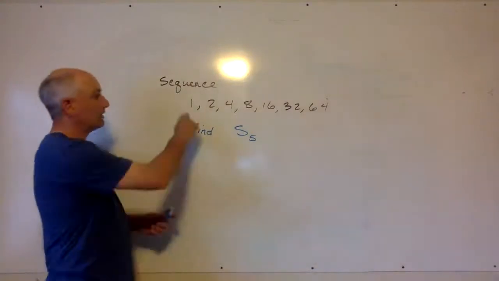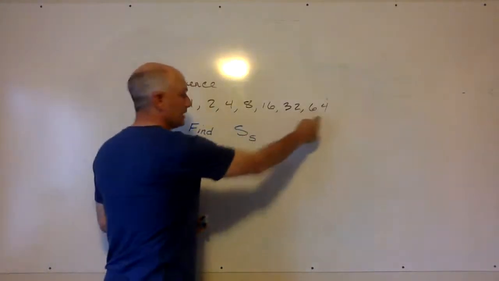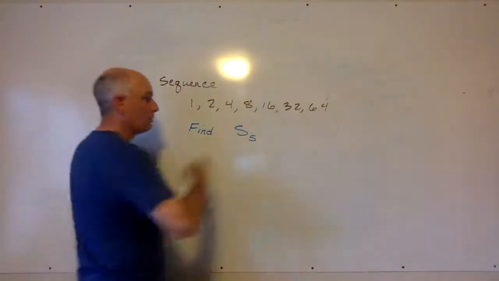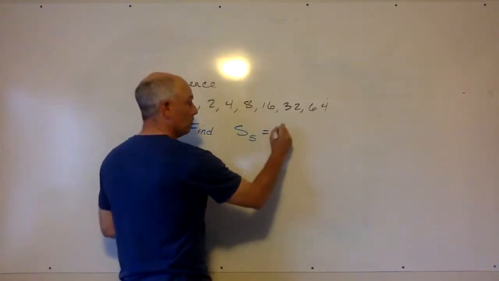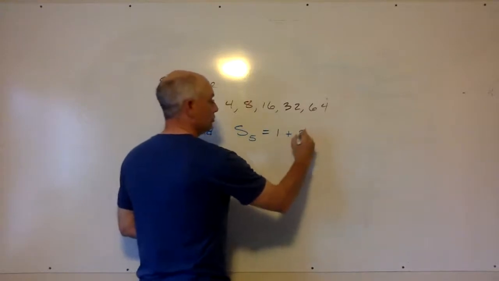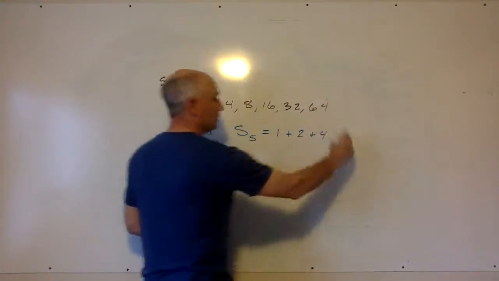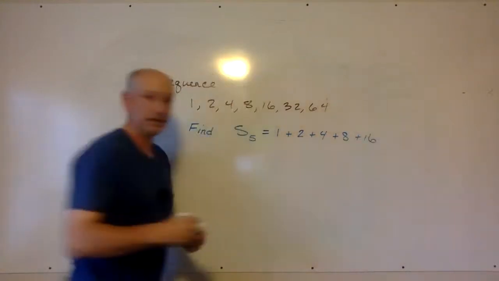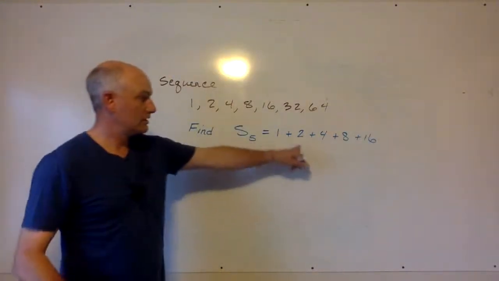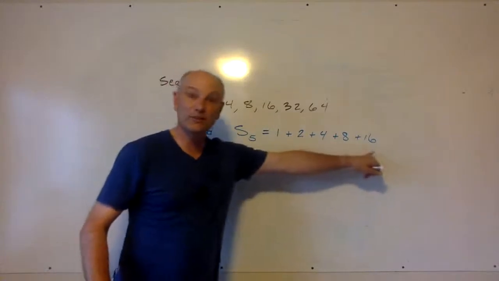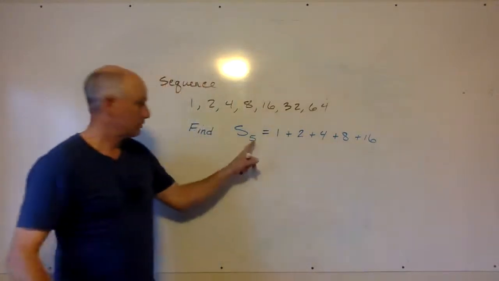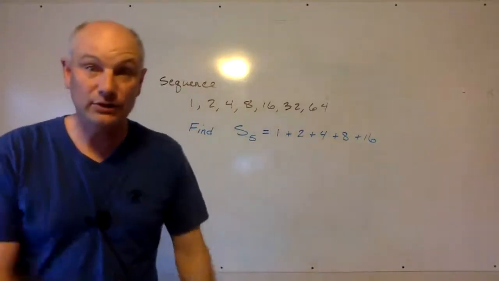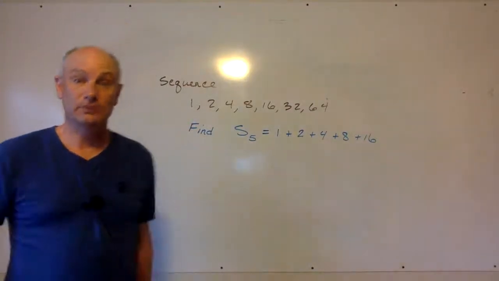So when I look at my sequence, S sub 5, the series, would be 1 plus 2 plus 4 plus 8 plus 16: the first, the second, the third, the fourth, and the fifth term. That's what this 5 is representing, that you're adding the first 5 terms of the sequence.